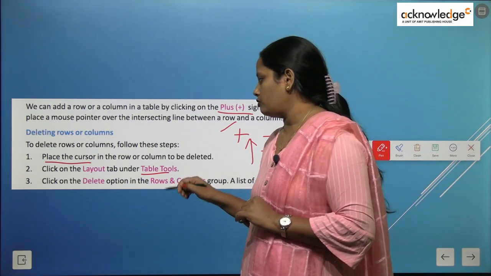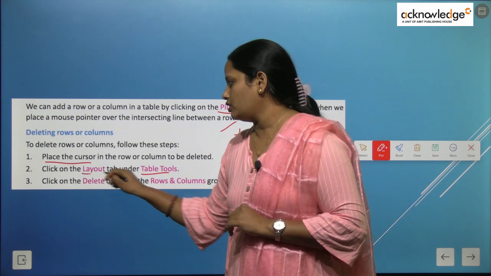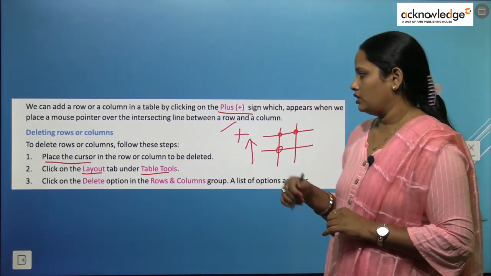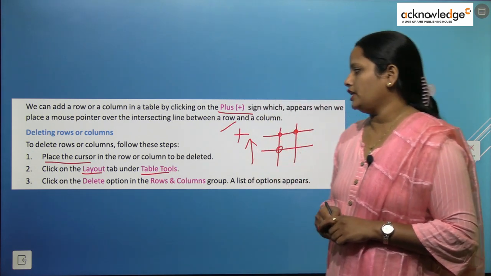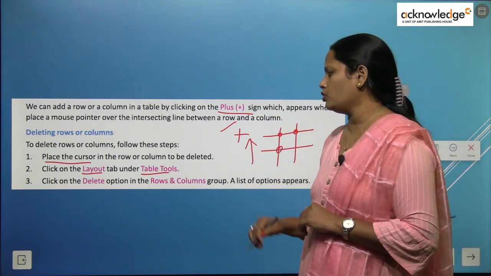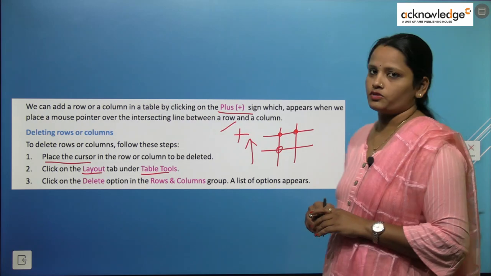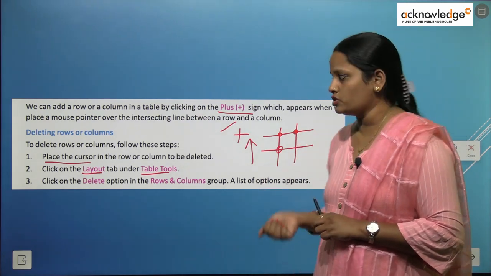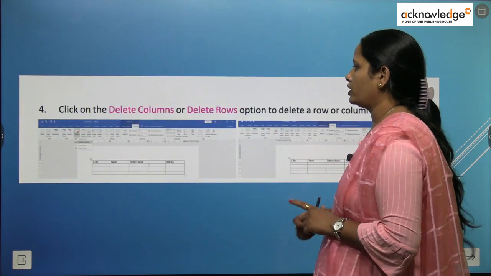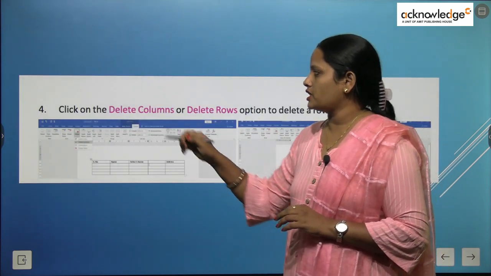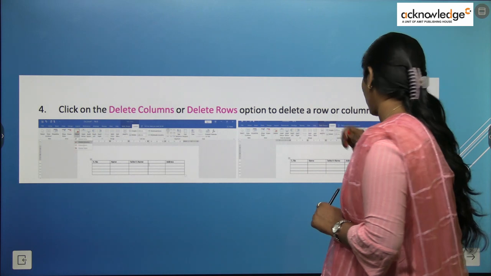So where do we have to go? We have to go to the tables tool, and from there to the layout tab. Click on the delete option in the rows and columns group. A list of options will appear, and from there we can choose and delete. The fourth step says click on delete column or delete row.